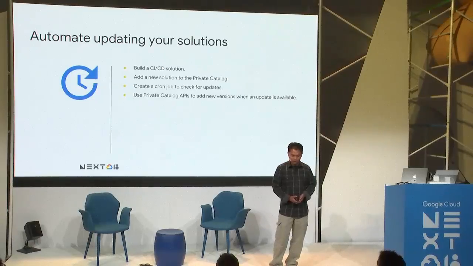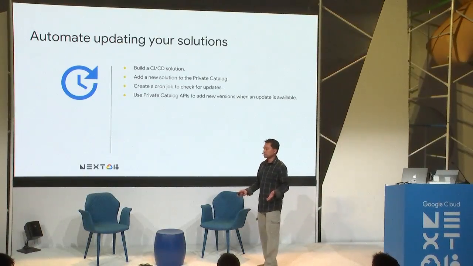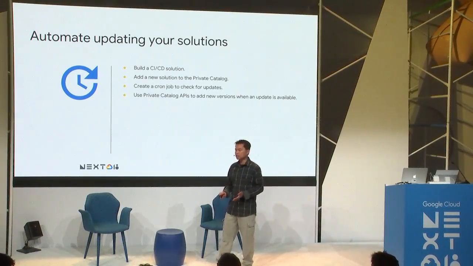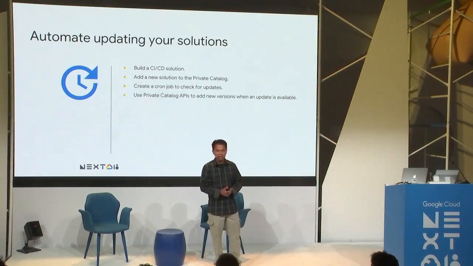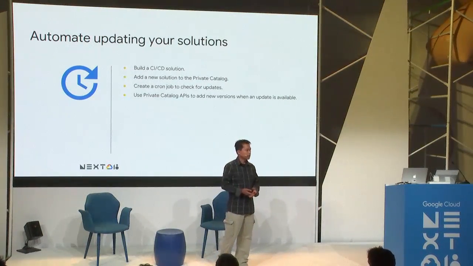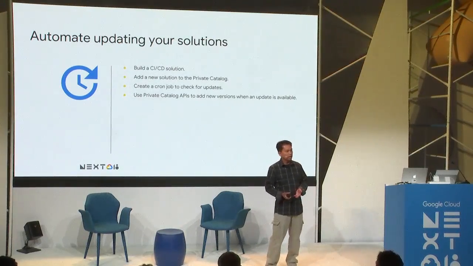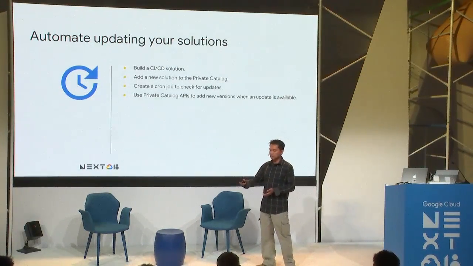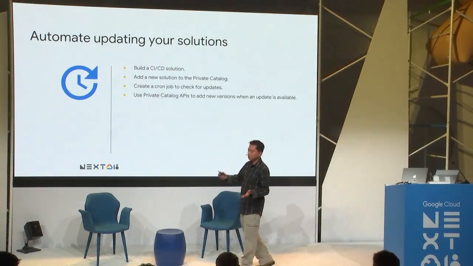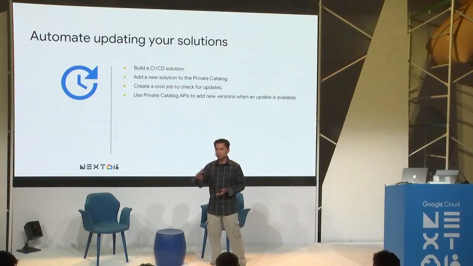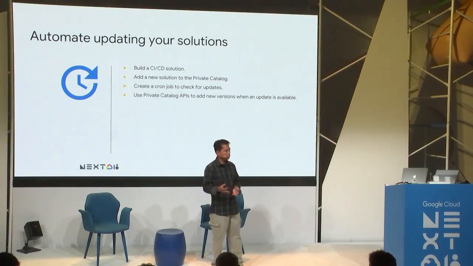So I want to give you an example of how you can use these APIs. Let's say you had a CI/CD solution to build these VMs, and it exists today. You've got maybe a GitHub repository, you've got some scripts, and anytime someone makes an update, a process gets kicked off that generates a new VM, deploys those scripts onto the VM, and runs those scripts.